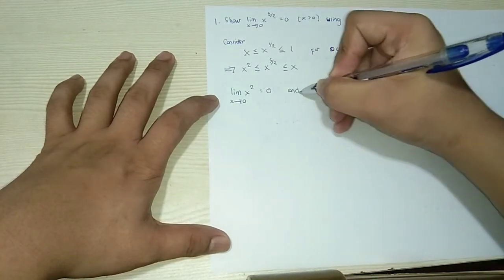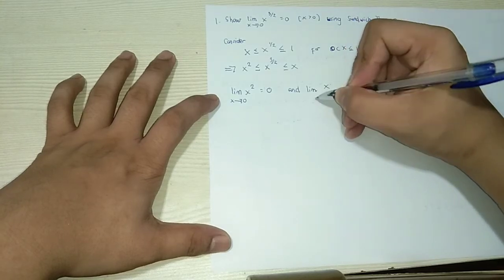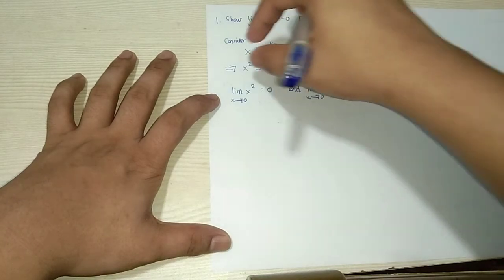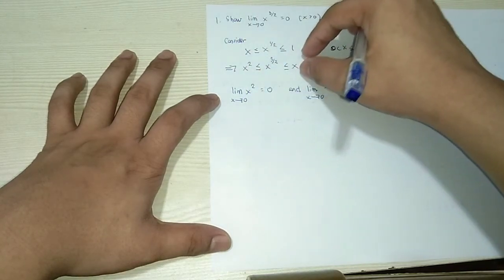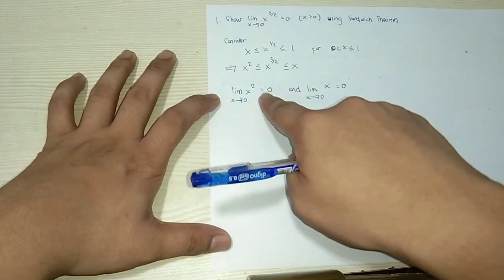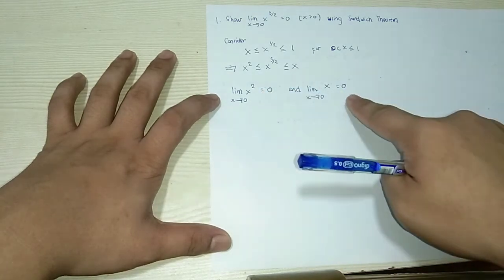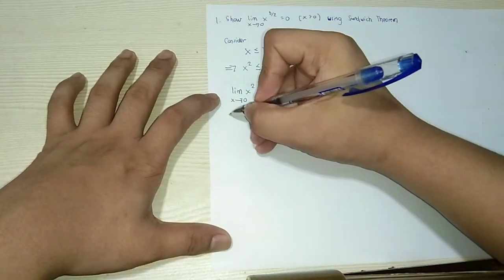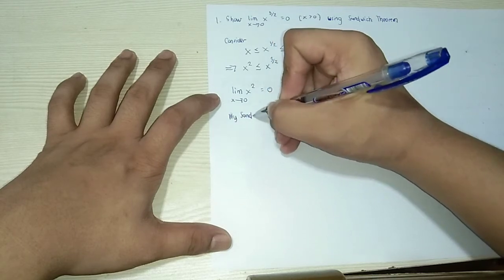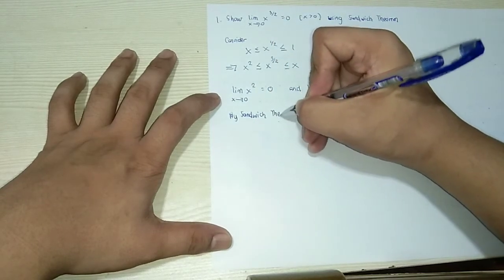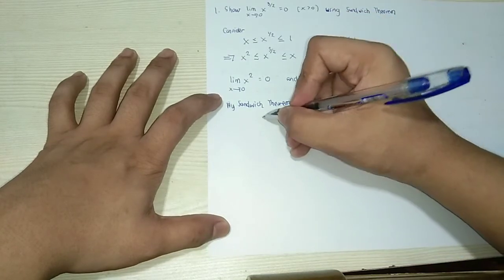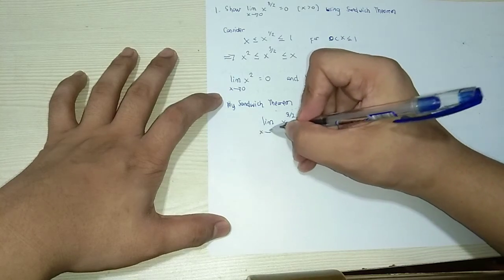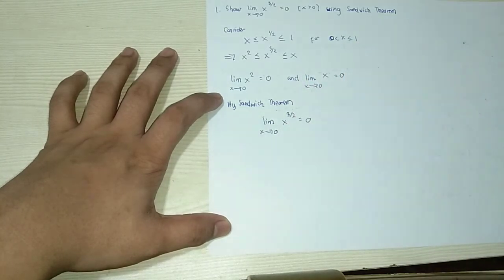And yung limit ng x as x approaches 0, that is also 0. So, kinuha natin yun dito sa pinakamababa at saka sa pinakamataas. Now, as you can see, yung limit ng pinakamababa at saka pinakamataas parehong 0. So, malamang yung gitna by sandwich theorem, yung limit ng x raised to 3 over 2 as x approaches 0 is also 0.